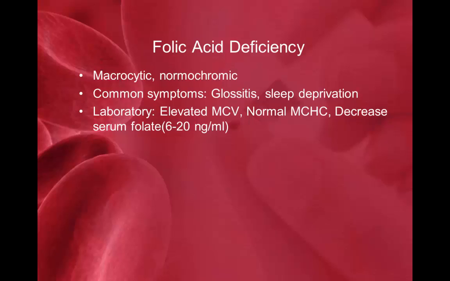What distinguishes this one from vitamin B12 is that there are no neurological signs seen. This is the main difference. Laboratory values are more or less the same. You have macrocytic normochromic, so the MCV will be elevated and the mean corpuscular hemoglobin concentration will be normal. And of course, the serum folate, normally 6 to 20, will be decreased.